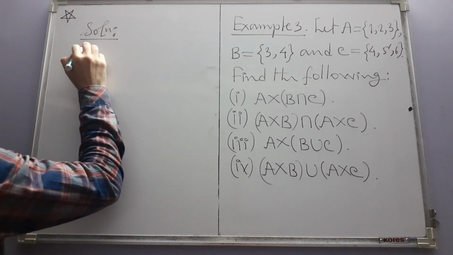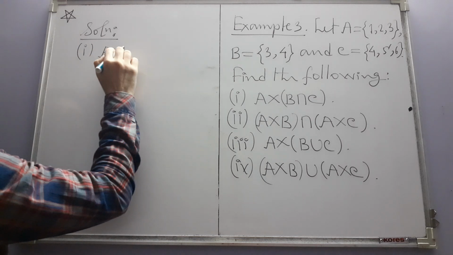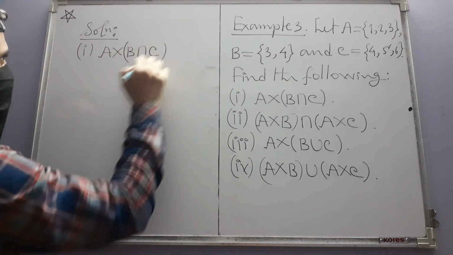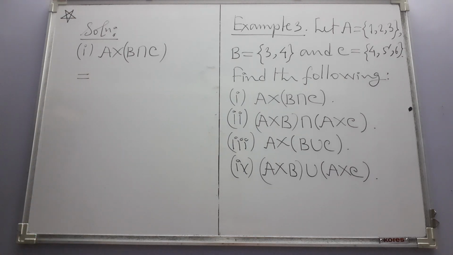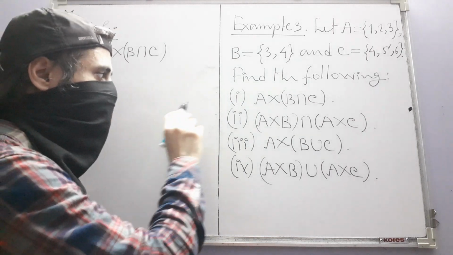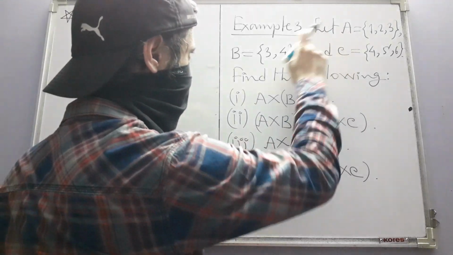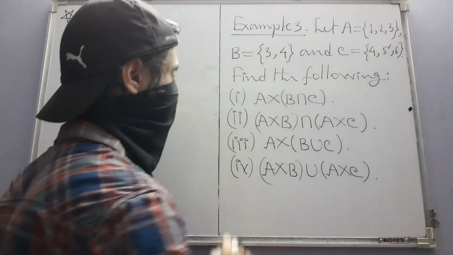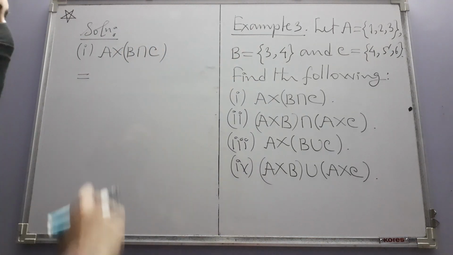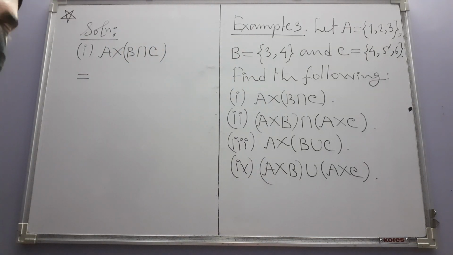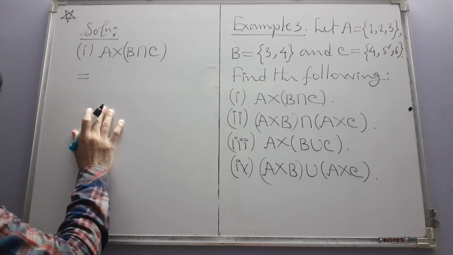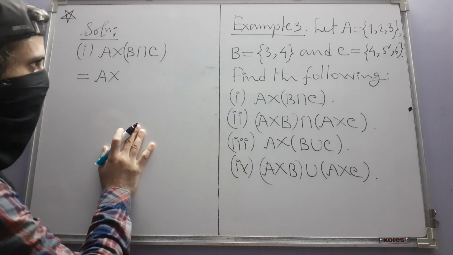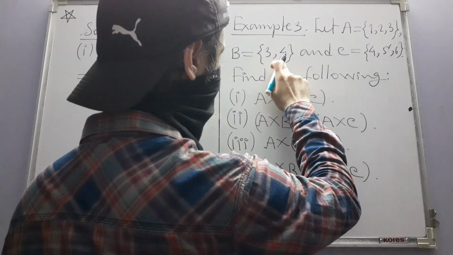So the first one is A times (B intersection C). And maybe you remember I was saying just now, it's not necessary for the sets involved to be disjoint. Here for example, A and B have a common element 3, B and C have a common element 4. So like that you may have common elements. B intersection C is for the only common element?